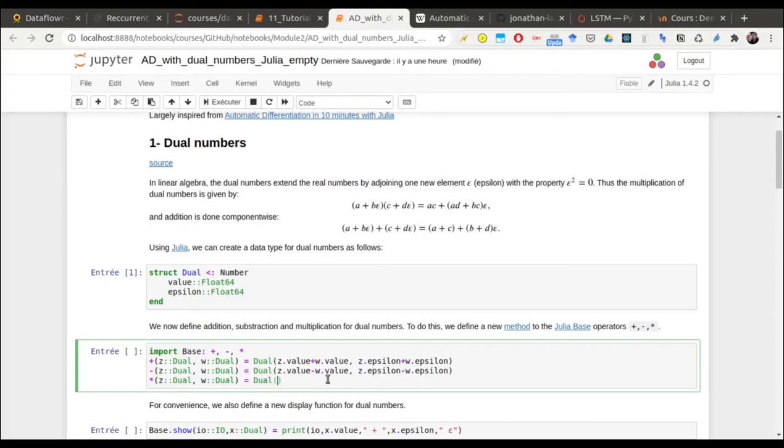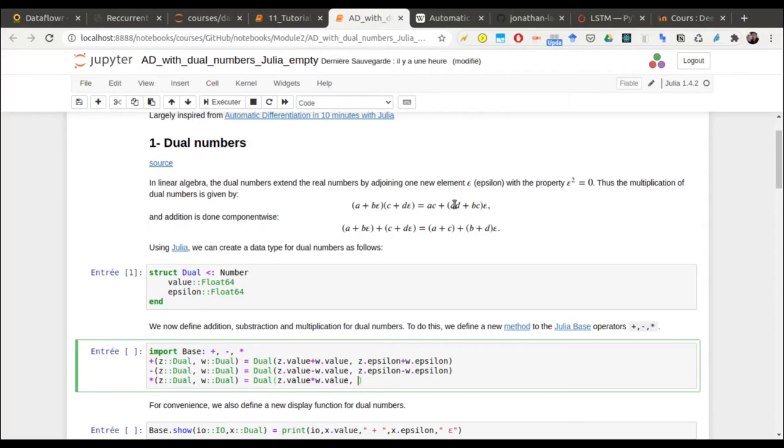Now for the multiplication, for the value, it's the regular thing. And I'm using here the base multiplication between floats, which is already defined in Julia, of course. So this is the part corresponding to the value. And now I need to define the part for the epsilon.